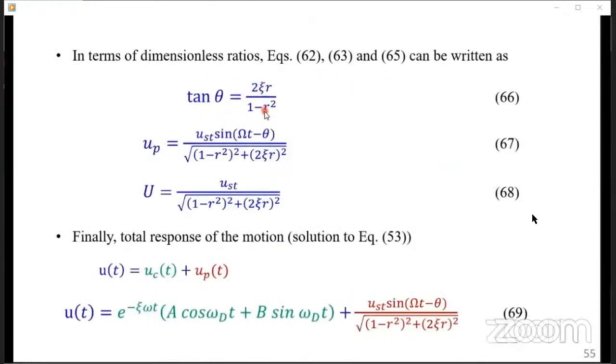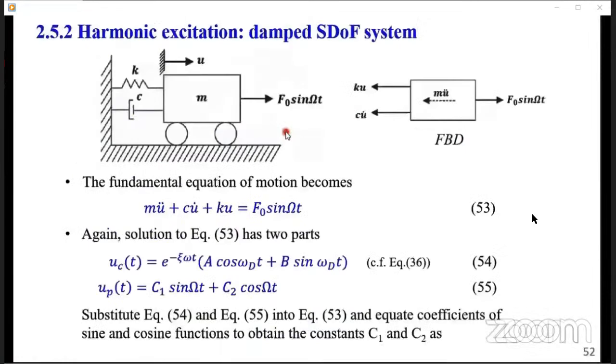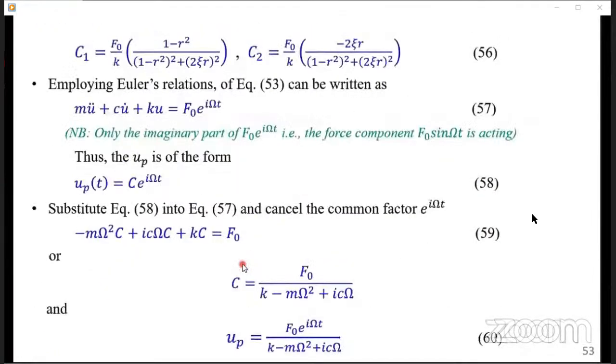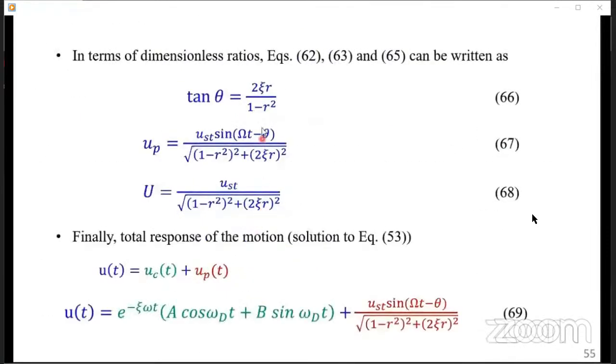Remember the ratios you defined initially? You remember this frequency ratio r, don't confuse that with xi, the damping ratio, c over c_cr. So this simplifies equation 63 by using those ratios. Equation 67 is again simplified using the same.